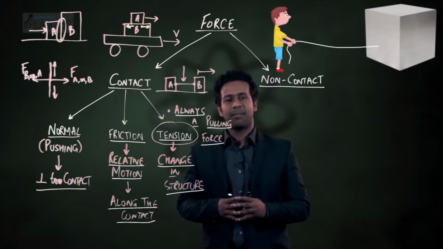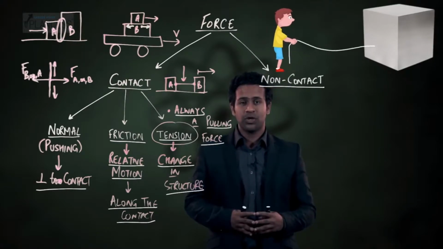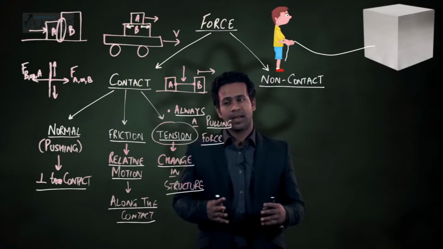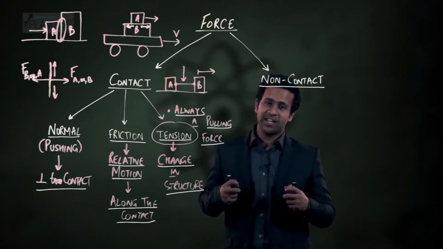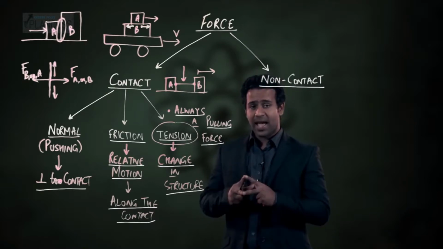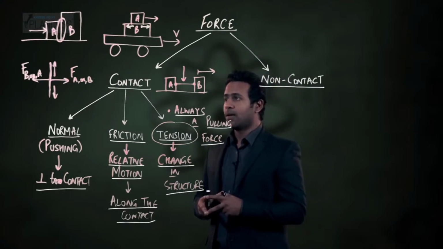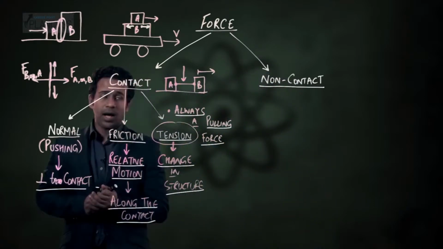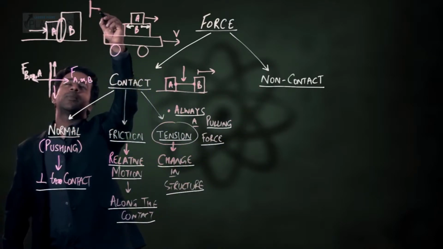The simplest example is that you can pull something using a rope, but you can never push it using a rope. Right? So tension appears whenever there is a change or there is a tendency to change in structure. And this force is always a pulling force. Right? Now, a slight exception in this is when we talk about springs.